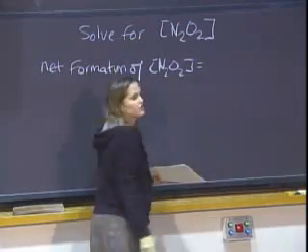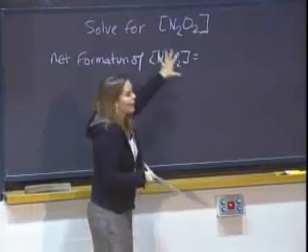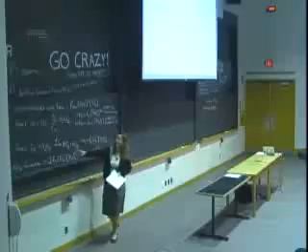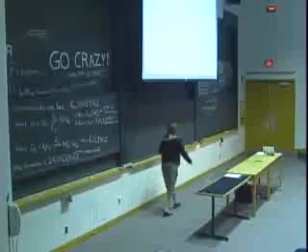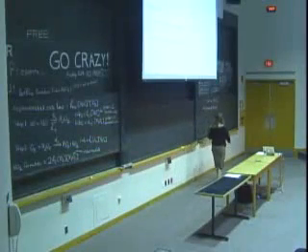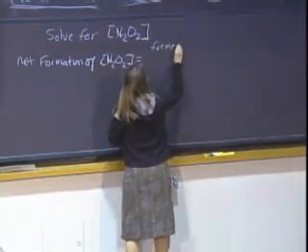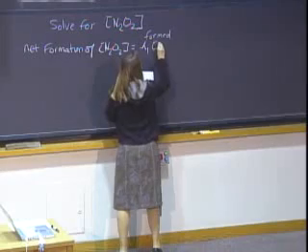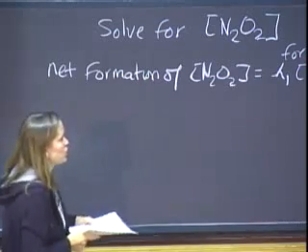And the net formation of the intermediate is going to equal the rate at which it's formed. So it's being formed over here in the forward direction of the first step. So we consider how it's being formed. It's being formed with the rate K1 times the concentration of NO squared.